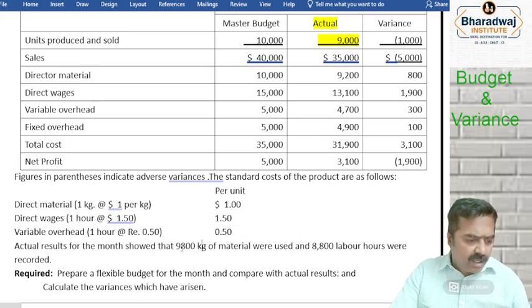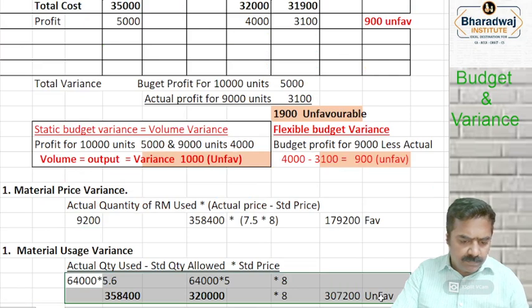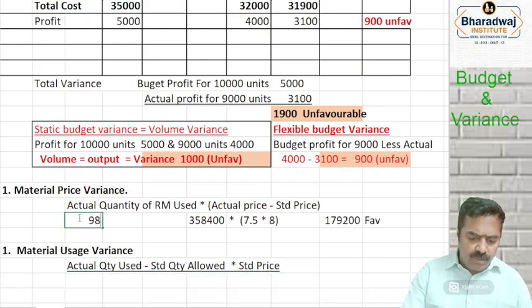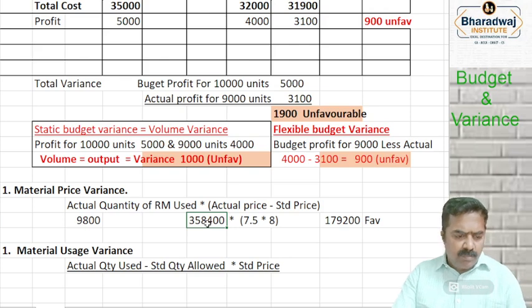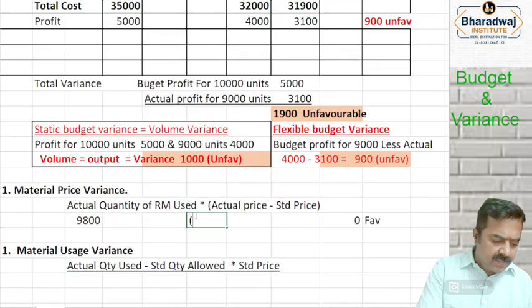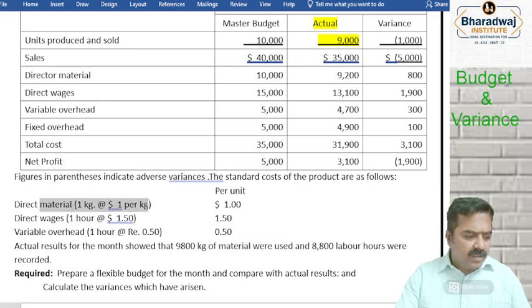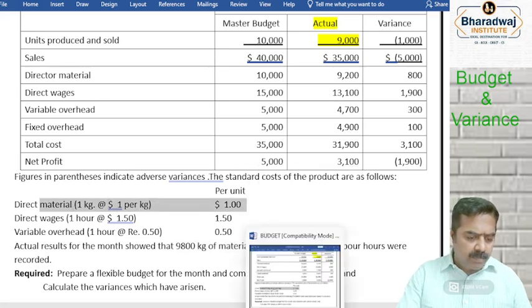Actual results: 9,800 kilogram of raw material is used, multiplied with actual price minus standard price. What is the actual price? Actual price is 9,200 for 9,800, minus the standard price given in the question. What is the standard price given in the question? $1 per kg.